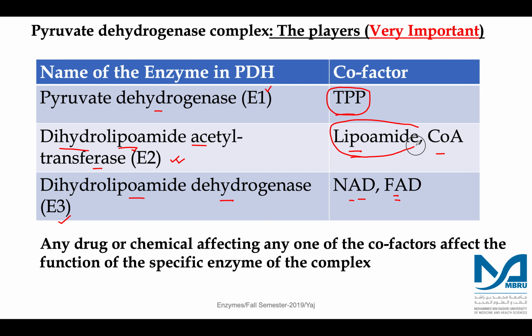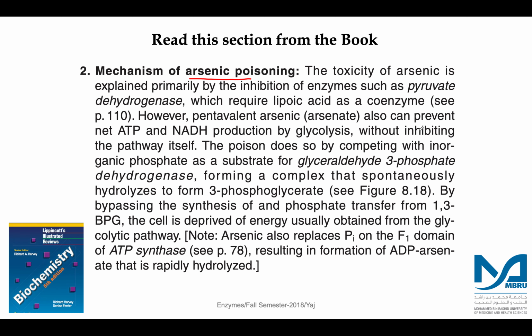As a result, the transferase enzyme will be impaired. So arsenic inhibits the pyruvate dehydrogenase complex predominantly by impairing the transferase activity of the complex.